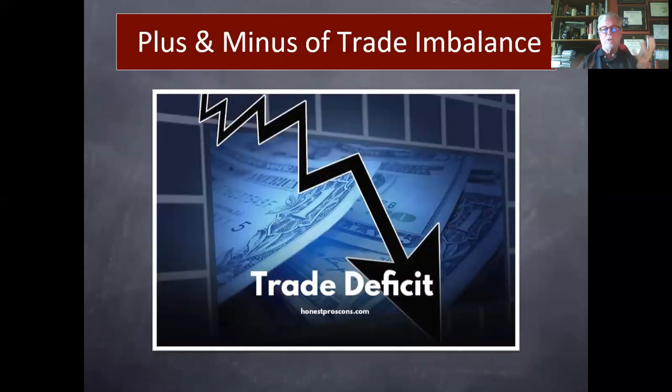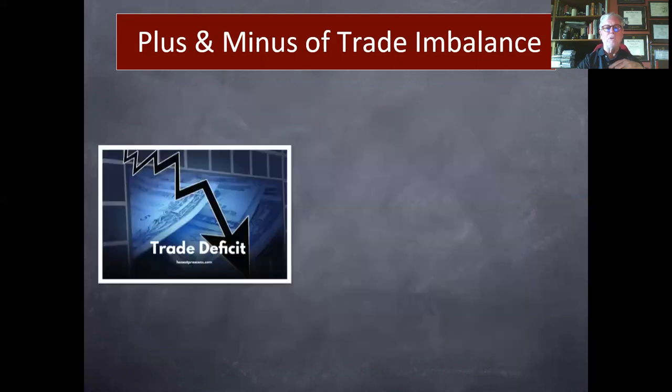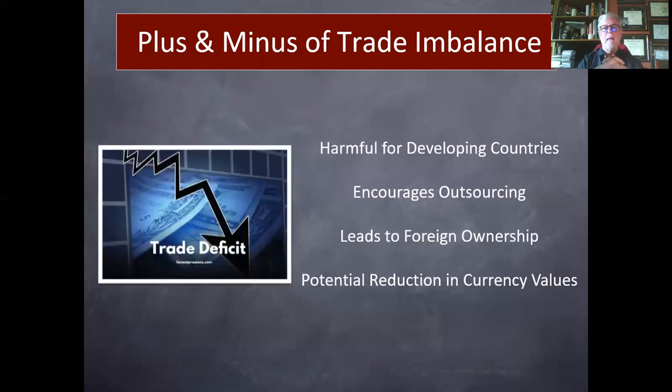So with all this trade, is there a possibility that you'll be buying more than you're selling as a country? Well, that's called a trade deficit. And it's been said that it can be harmful to developing countries because they have such a dependency on other countries. And there's also a chance that authorities can do some skimming or engage in some unethical behavior.